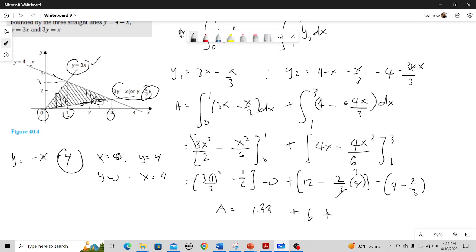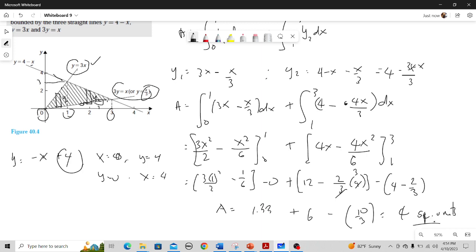And then you have minus 4 minus 2/3, actually 4 times 3, 12, minus 2 is 10 over 3. Okay, you can get the area: 4 minus 1.33 plus 6, or 4 square units.